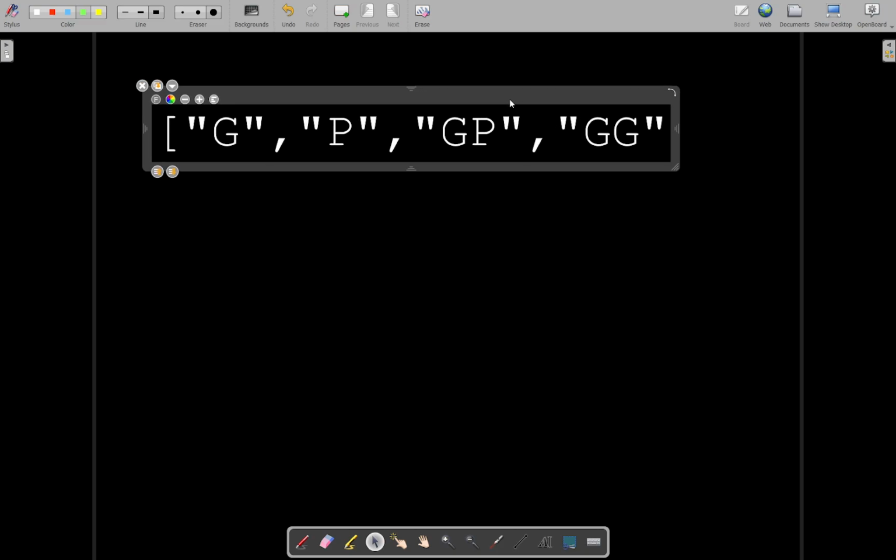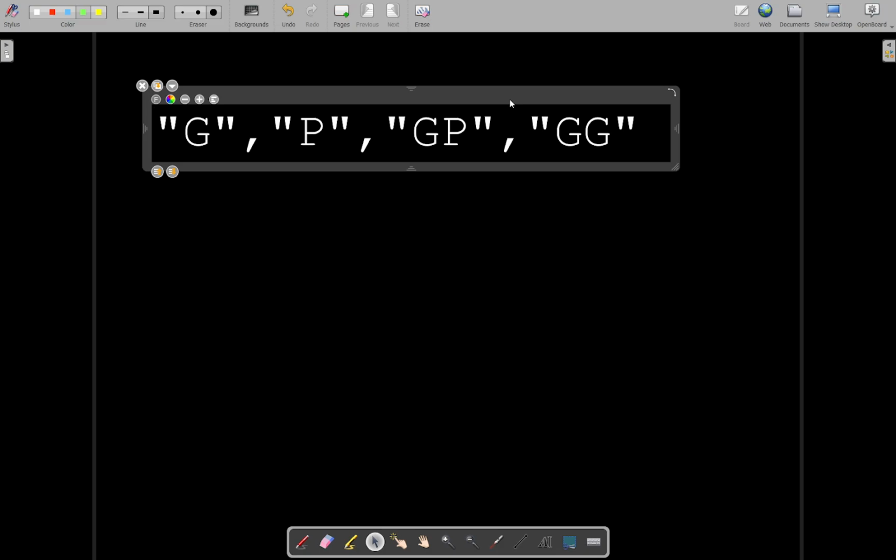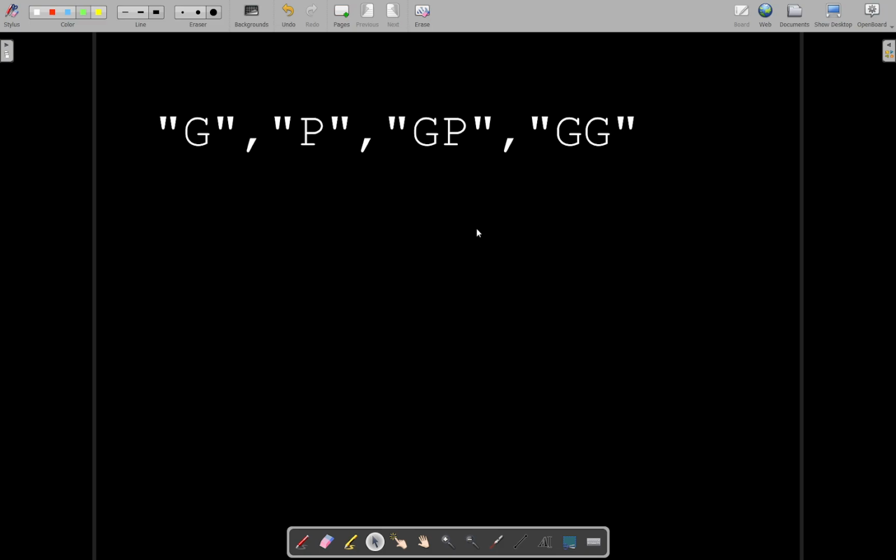If we go according to the rules in this particular example, let's consider the paper truck here.